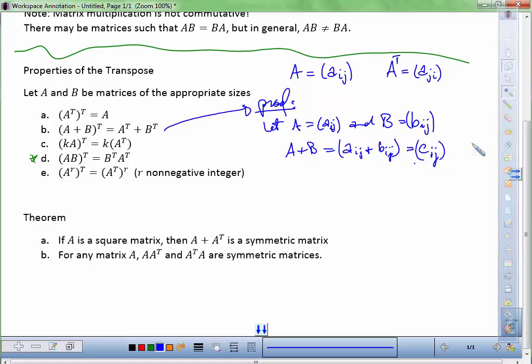Okay? So we'll take the transpose of that, A plus B. Oh, let's call this C, by the way. Capital C is your resulting sum, the addition of the A and B matrices. So if we take the transpose of that, this is equal to C transpose, which is equal to C sub ji.